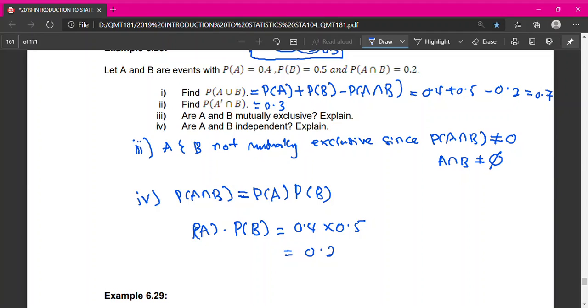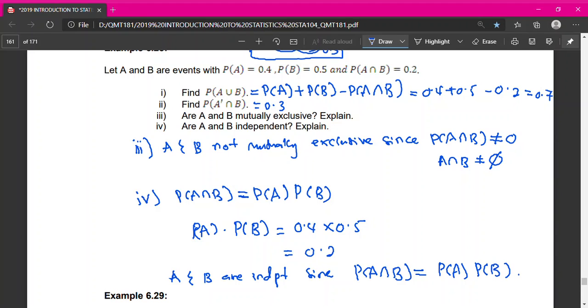So from here we can say that event A dan event B adalah independent event. So we can say that A and B are independent since probability of A intersect B equal to probability of A multiply probability of B. Okay, kalau tak dapat sama, the value probability of A intersect B ni tak sama dengan value bila you multiply these two, so you katakan A and B are not independent ataupun dependent.